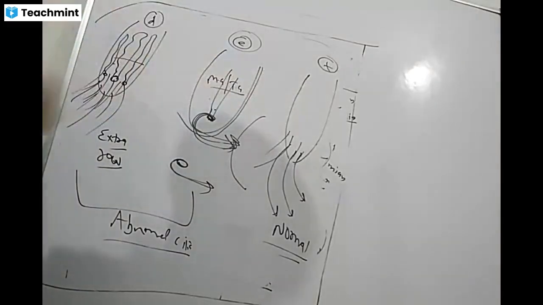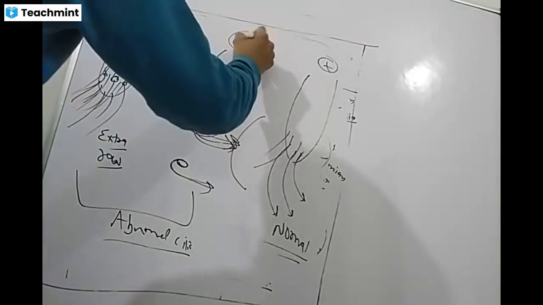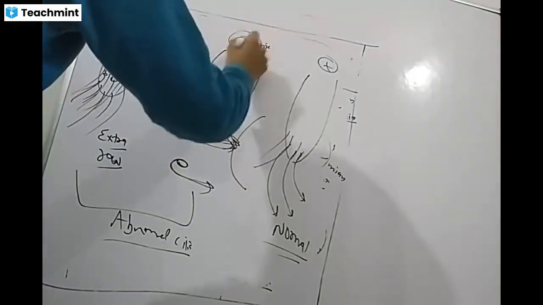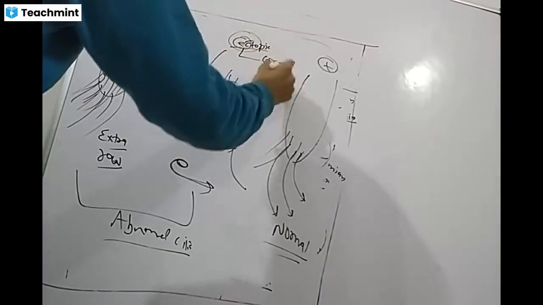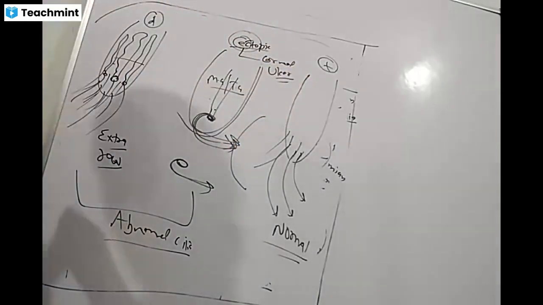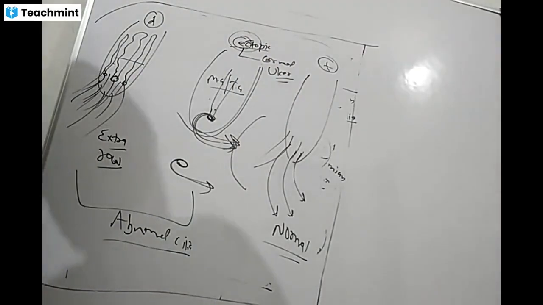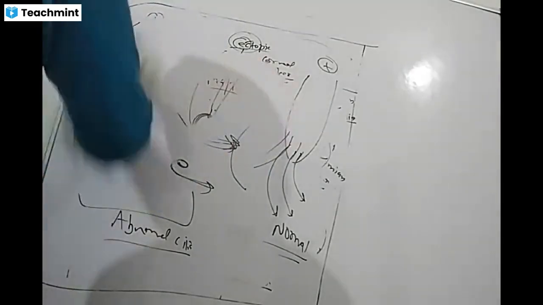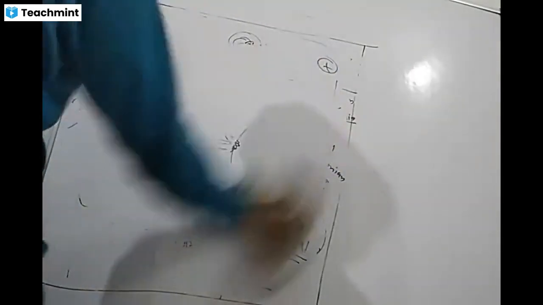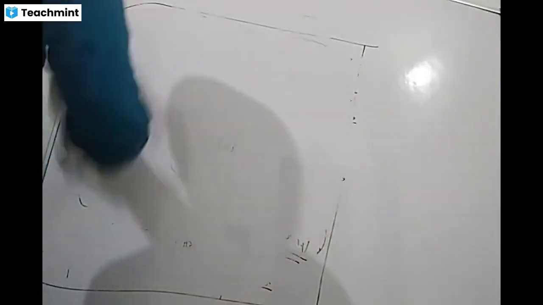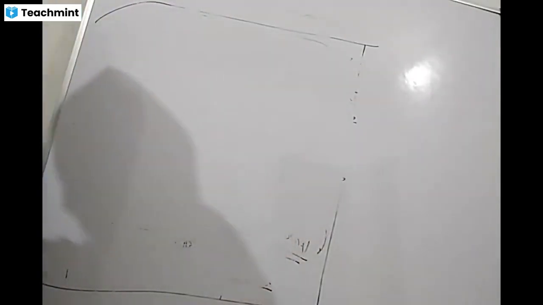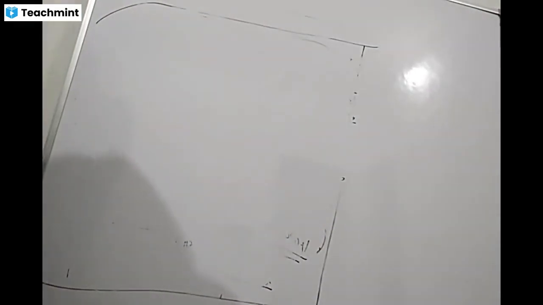So out of these three, the most dangerous are the ectopic cilia. They may cause corneal ulcers. These are dangerous. And they are found in horses. And trichiasis is common in cats. I will explain why they are common in cats.